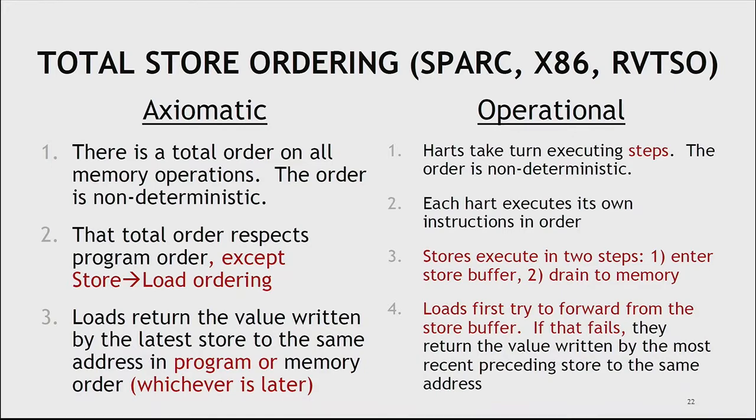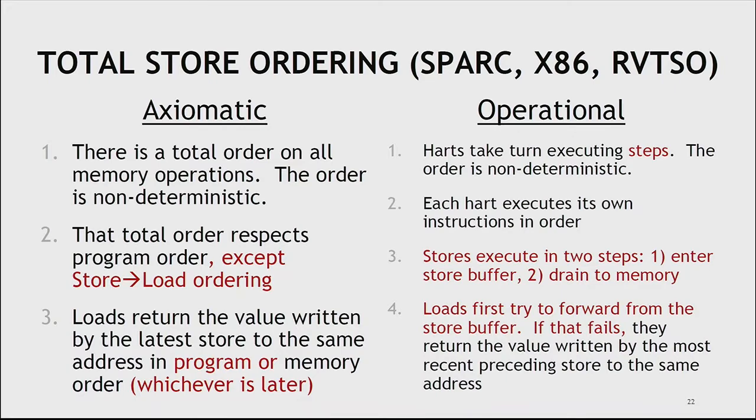So in rule number 2 on the axiomatic side, we say that the total order, the global memory order, respects all of program order, except that now we relax store to load ordering. So load to load ordering is still maintained, load to store ordering is still maintained, store to store ordering is still maintained, but store to load ordering is relaxed because that's the effect of putting in that store buffer.